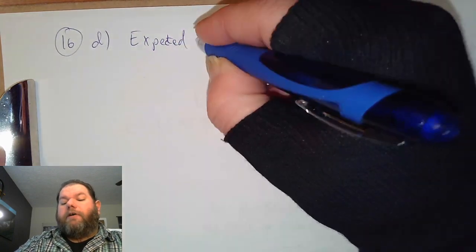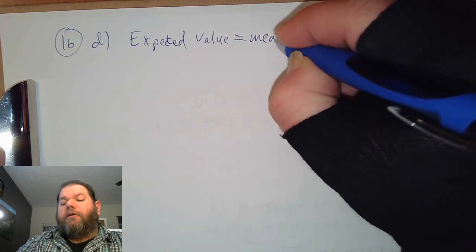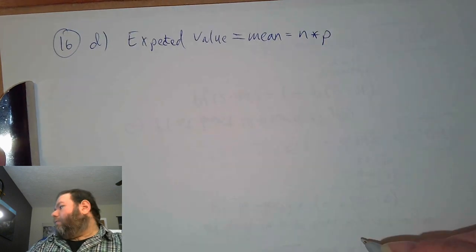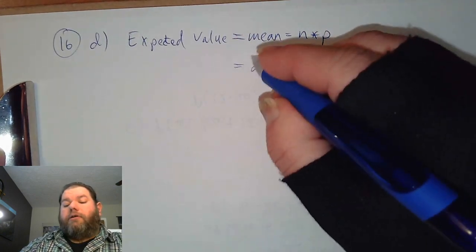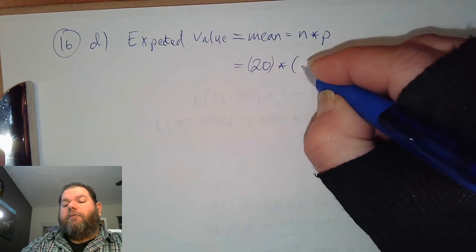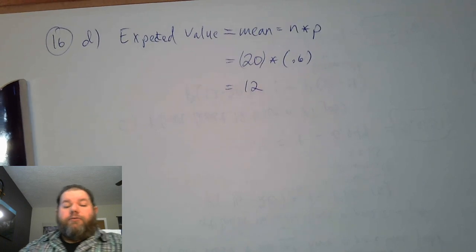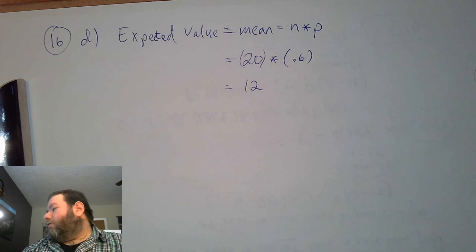So our expected value is the same thing as the mean, which is n times p. Okay, so n is 20 times p, which is 0.6. So it's expected that 12 of these 20 individuals will be working part-time. That has the highest probability of occurring of the bunch.